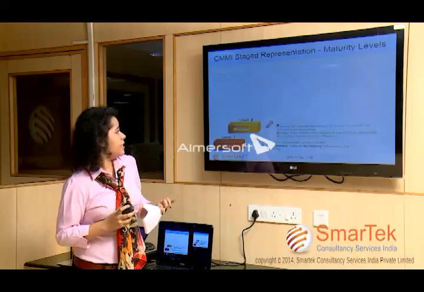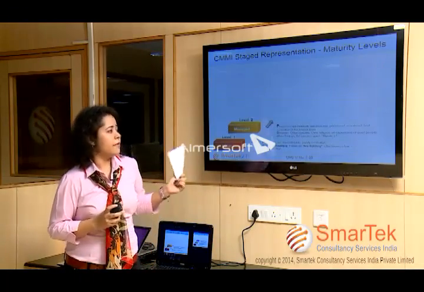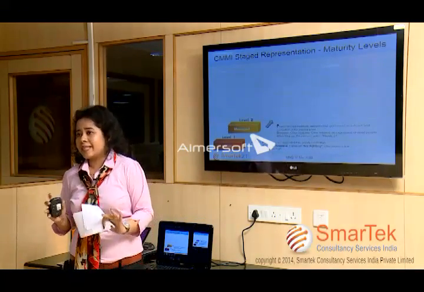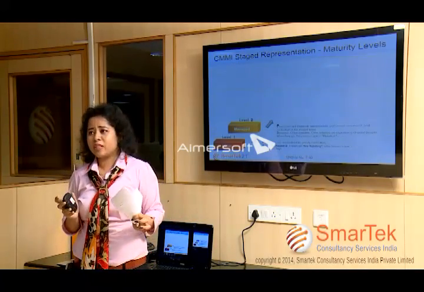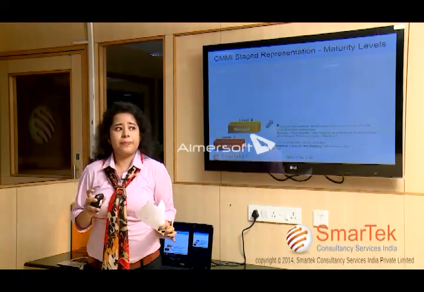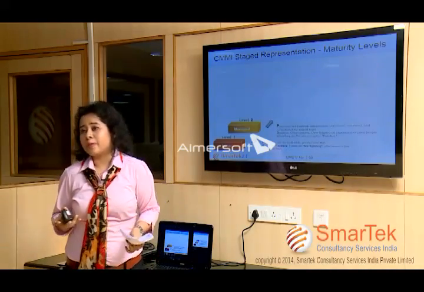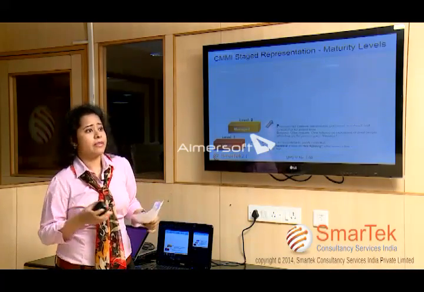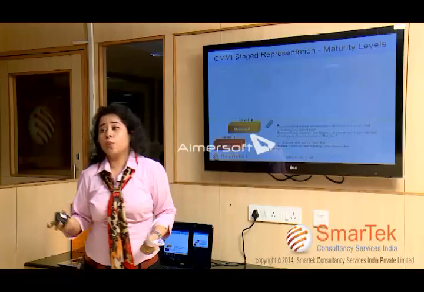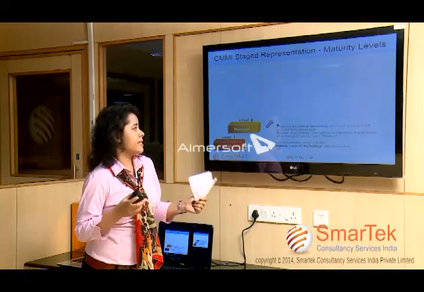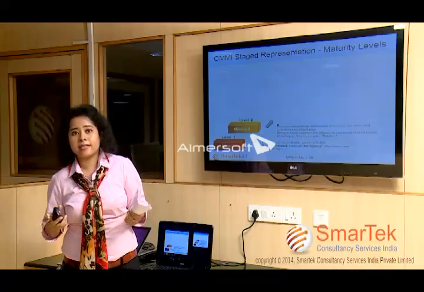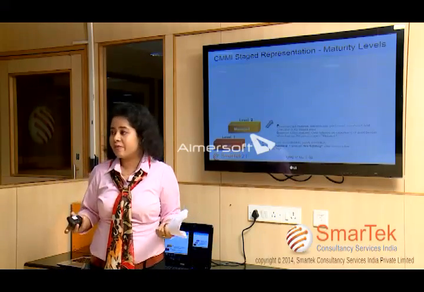And the next level is managed, where processes are to some extent documented and to some extent monitored, but still it is mainly dependent on the heroics of one particular person or one particular team. For example, one particular project manager is working very well and leads his team nicely, and because of that the company is performing very well.